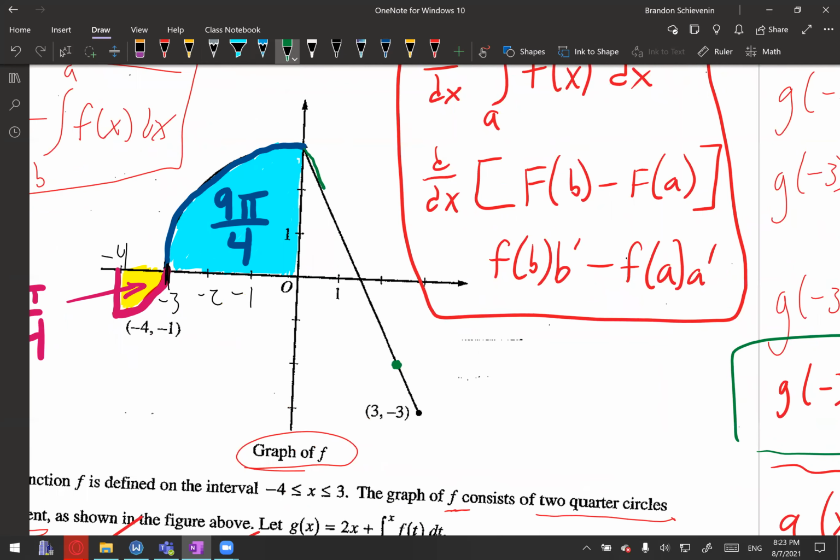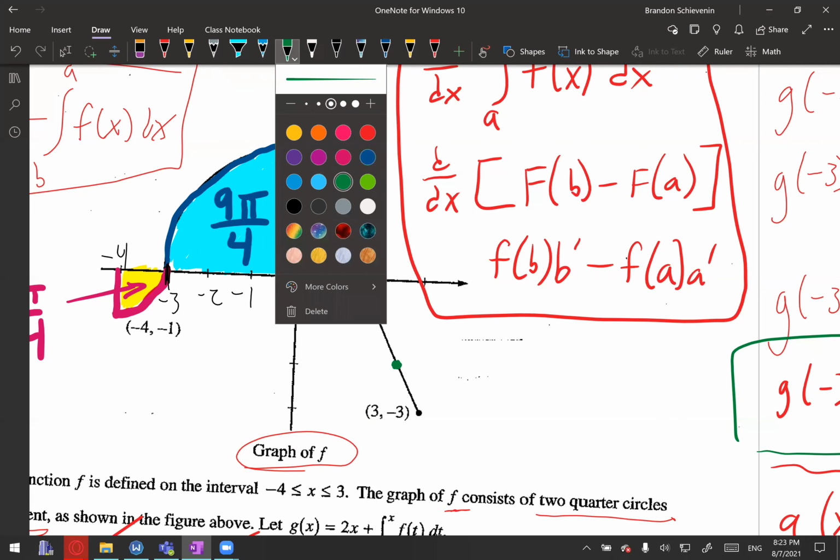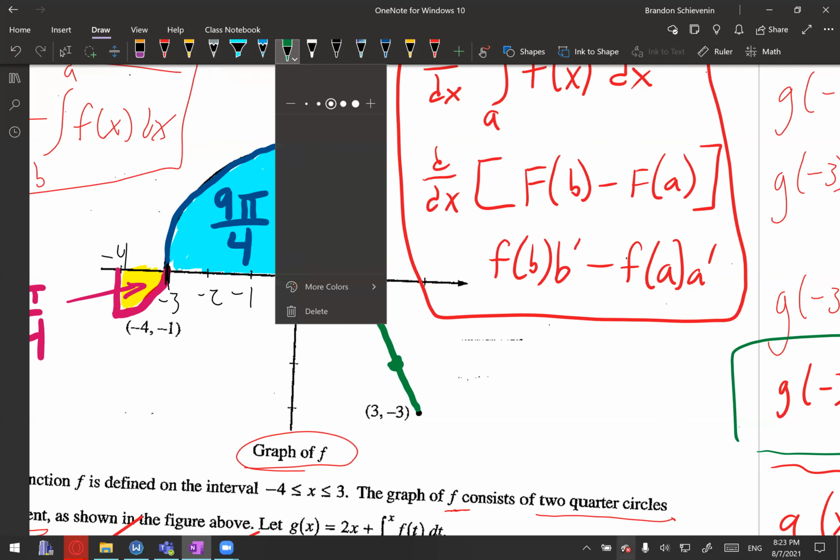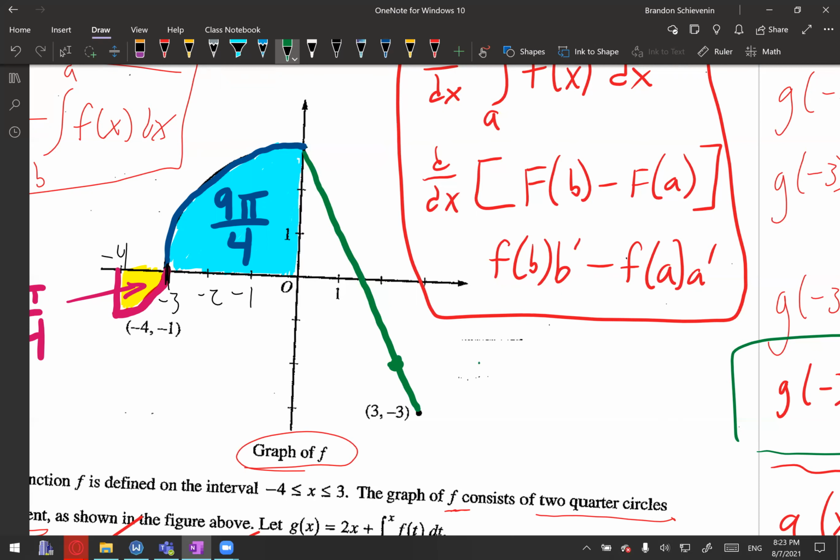Is the highest point on x equals 0 is 3? Yes. Okay, I've got options.